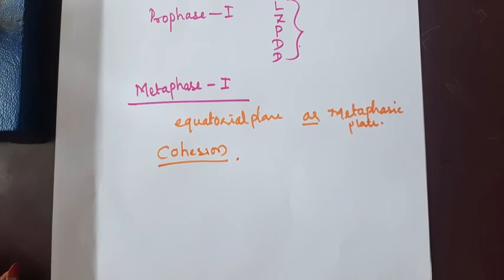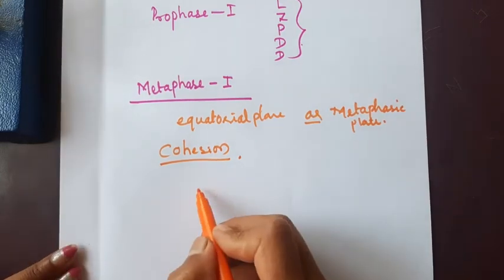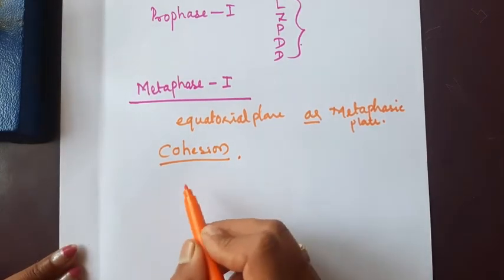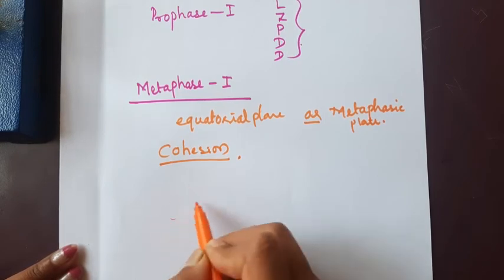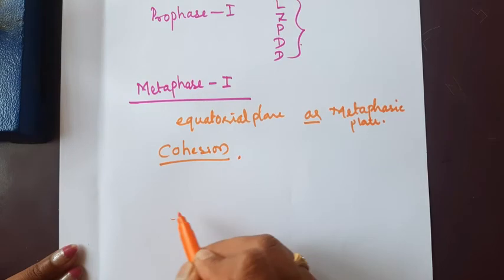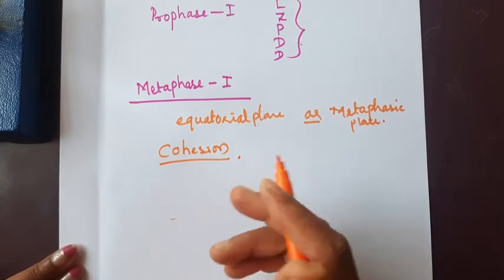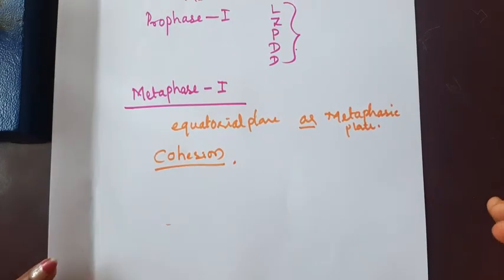Then the microtubules form the opposite poles of the spindle, means the microtubules are formed by the spindle fibers, they are present in the spindle fibers. The centrioles which are present in the cells start forming the spindle fibers in the initial stage of cell division in the meiosis.